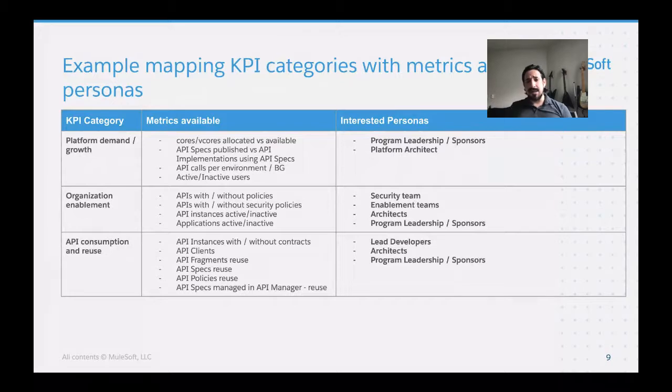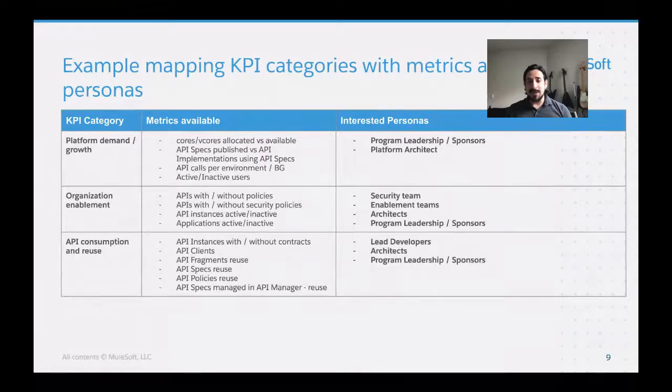And it is really a key factor to map the KPI categories with the metrics that you have available and the interested audience or personas, right? So in the case of platform demand and growth, some examples of the metrics available: cores, vCores, allocated versus available.